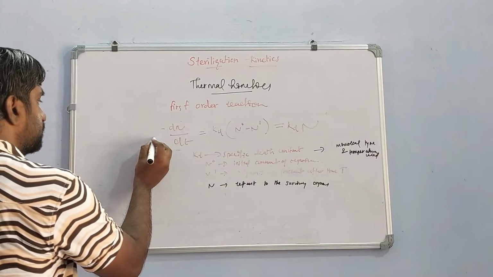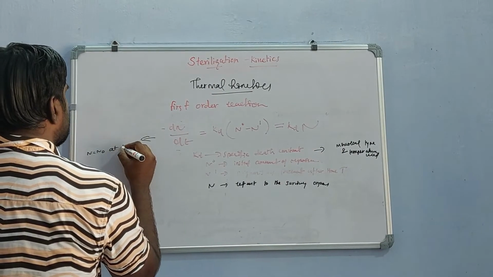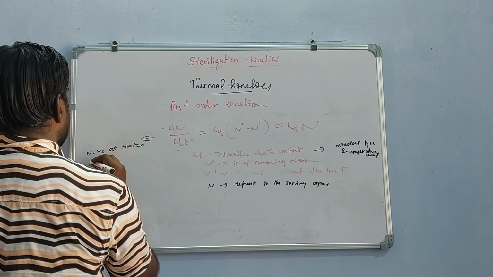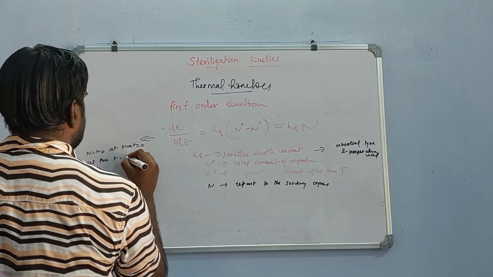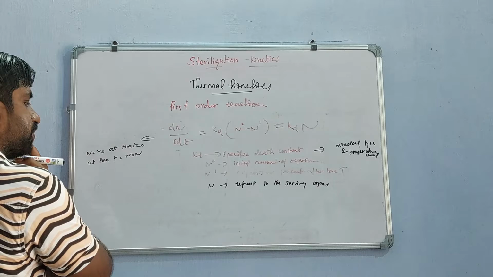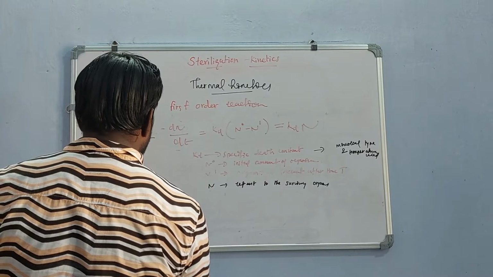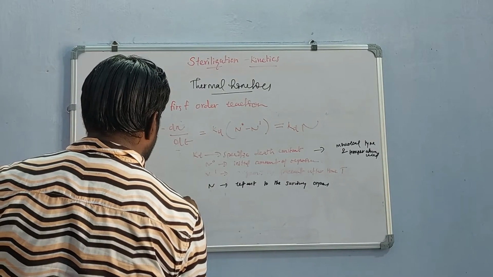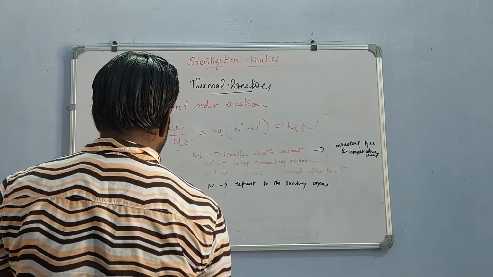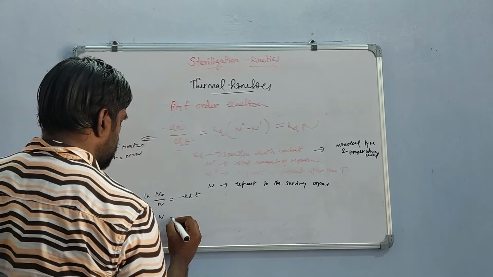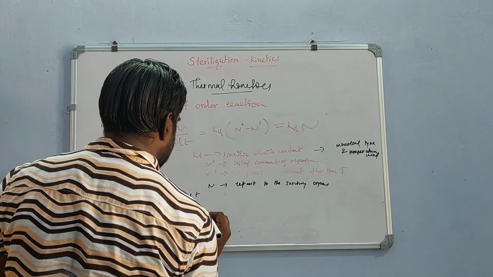So integrating this, at time t is equal to 0, N is equal to N0, and at time t, N is equal to N. So we get ln N0 by N is equal to minus Kd t, and removing the natural logarithm, you get N is equal to N0 e power minus Kd t.